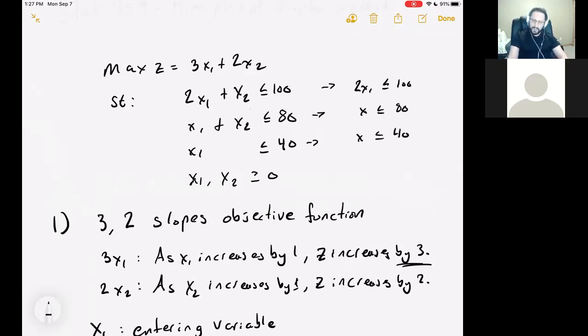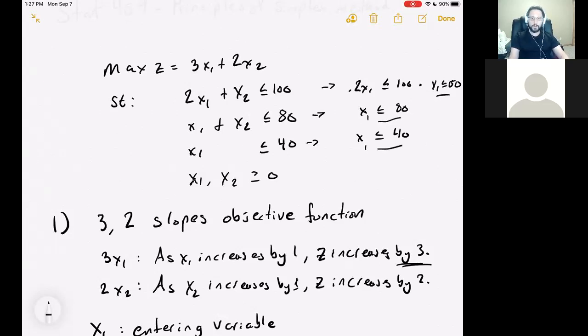Let's do a little bit of a division right here to get x1 less than or equal to 50. So once I take the ratio of these right-hand sides and these coefficients, I see that x1 has to be less than or equal to 50, less than or equal to 80, and less than or equal to 40.